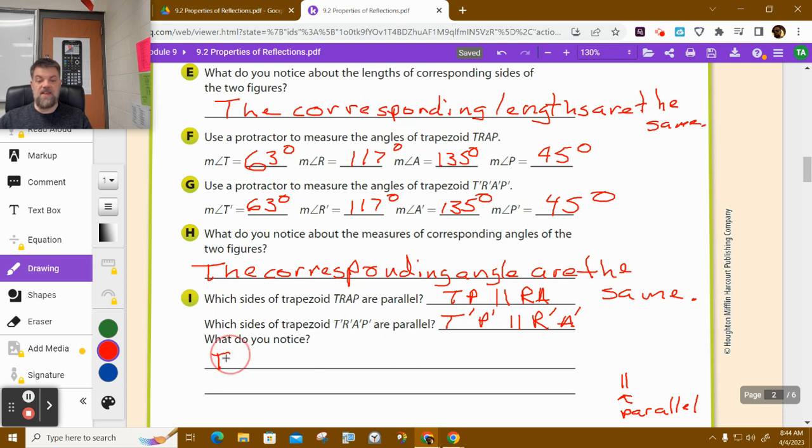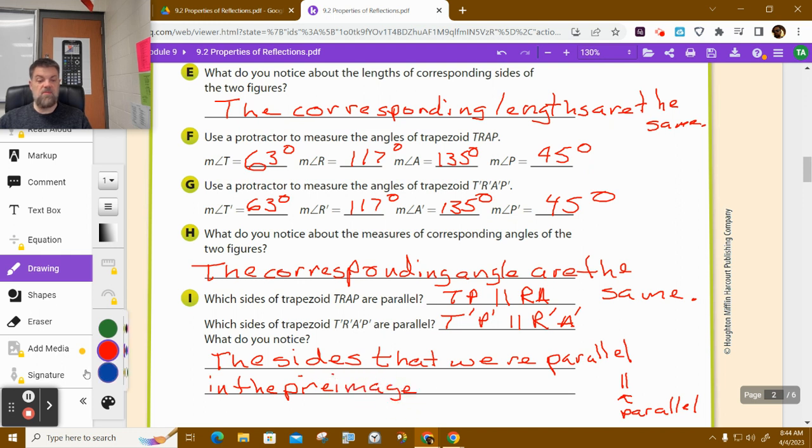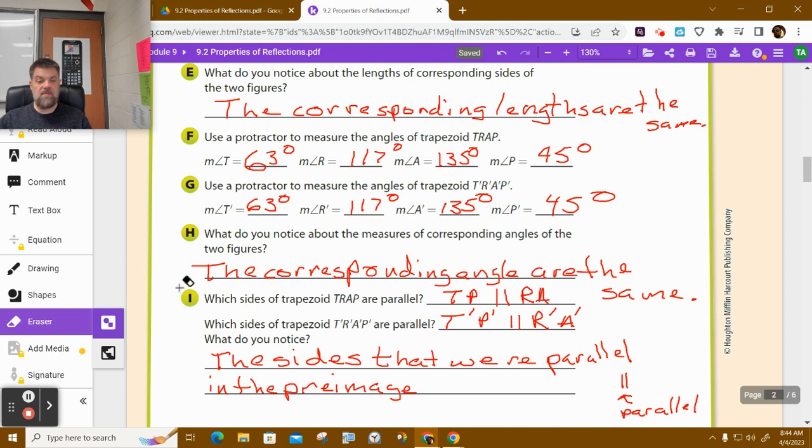So then you would say the sides. The next question is, what did you notice? The sides that were parallel in the pre-image, because my brain is faster than my hand.